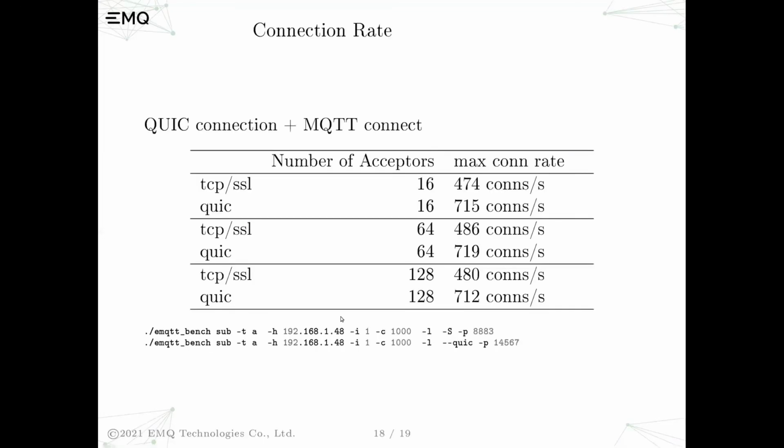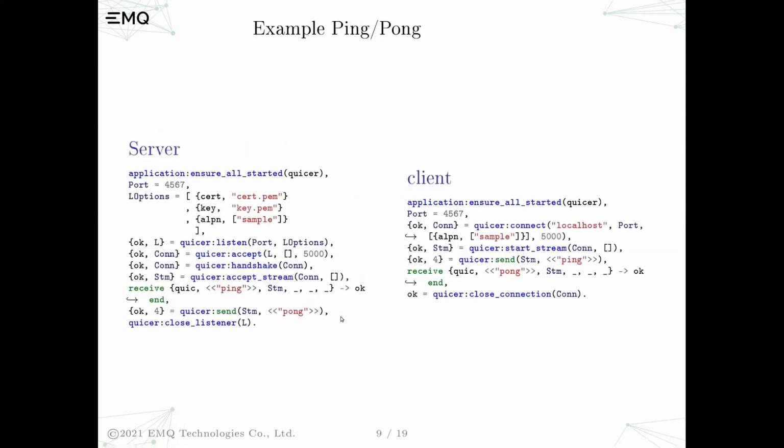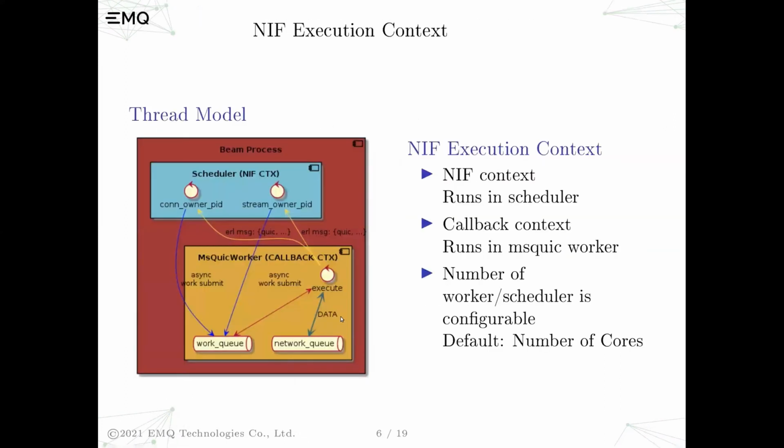And given the maturity of the MsQuic library and also the activity of the team, also the language they develop in, it's in C, which is perfect for NIF integration. For Rust, people have done some work in bringing Rust into Beam as NIF implementations, but I'm not sure how mature they are.